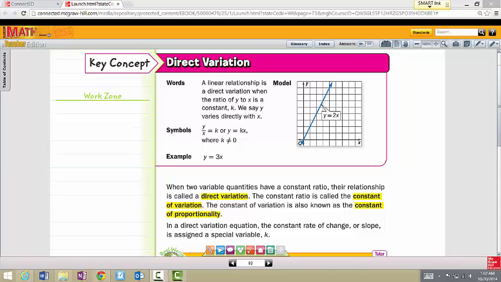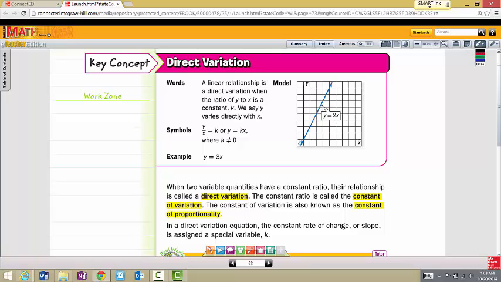Direct variation essentially says that a linear relationship is a direct variation when the ratio of y to x is a constant, or k. What that means is that way back at the beginning of the year, when you were doing those graphing calculator labs, we were doing linear equations, written in a y equals mx plus b format.